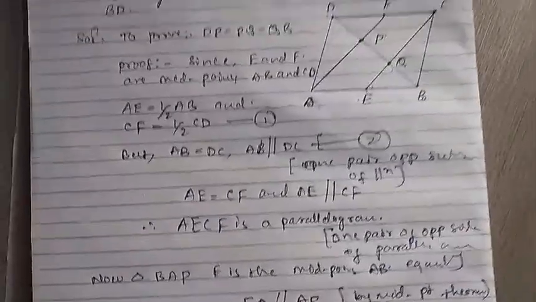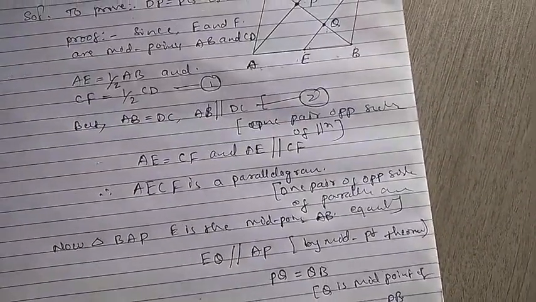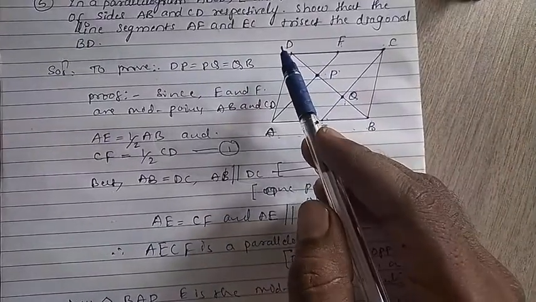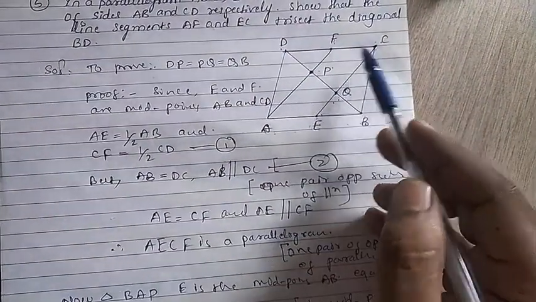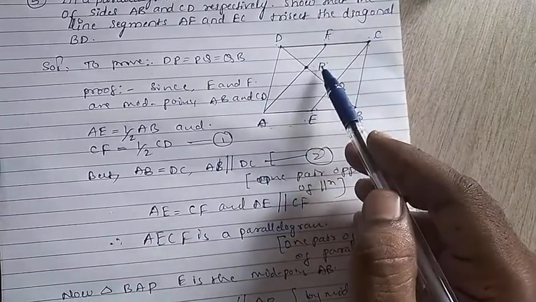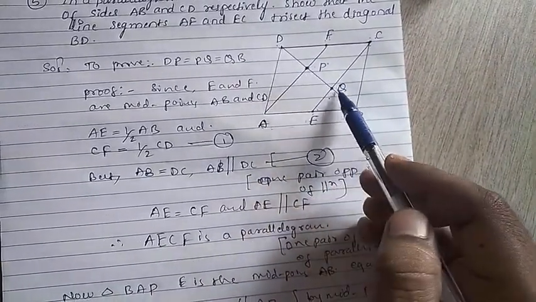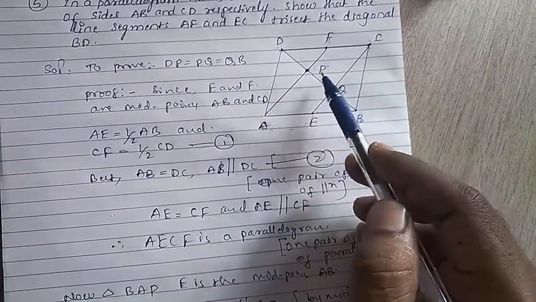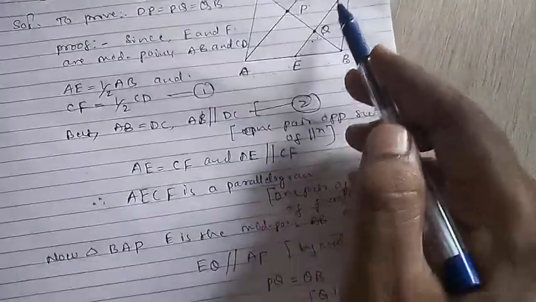Now similarly, in triangle DQC. See, in triangle DQC, take this triangle DQC. F is the midpoint of DC and P is the midpoint of DQ. Correct? According to the midpoint theorem here.